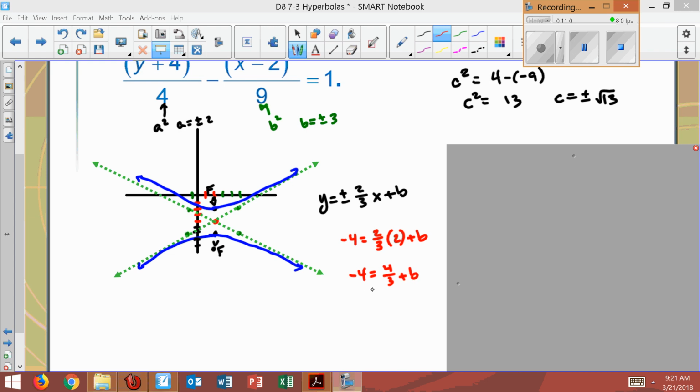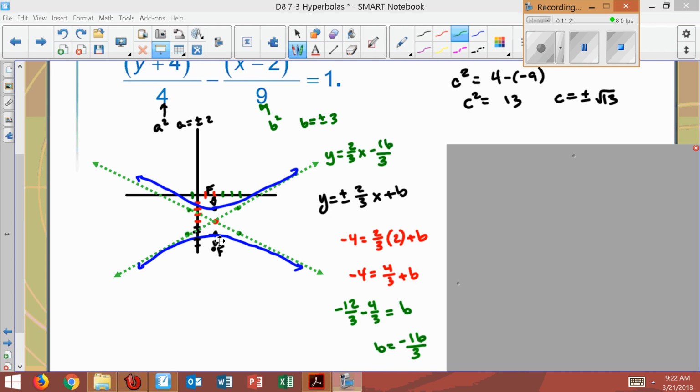When I subtract 4/3 over, I need to get a common denominator. -4 is the same thing as -12 over 3. And then I would subtract 4 over 3. And that would now equal b. And so I find out that b equals -16 over 3. So my first equation, this one here, would be y equals 2/3 x minus 16 over 3.